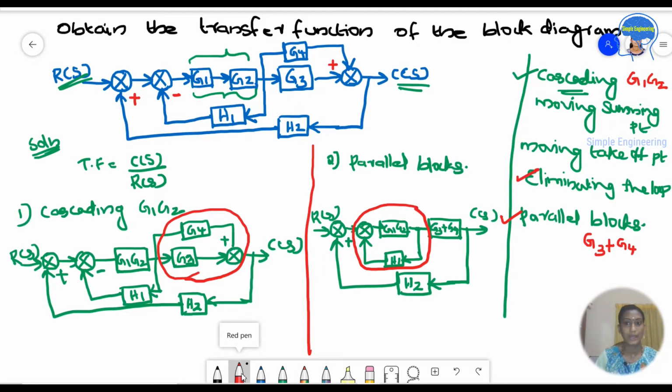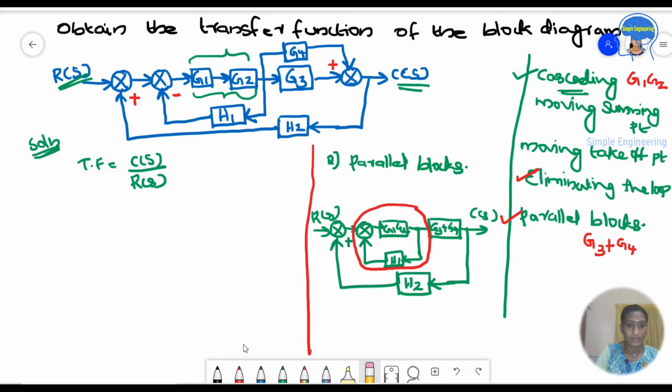So eliminating the feedback loop can be our next step which we have to apply. So step 3: we are applying the feedback loop, eliminating the feedback loop.